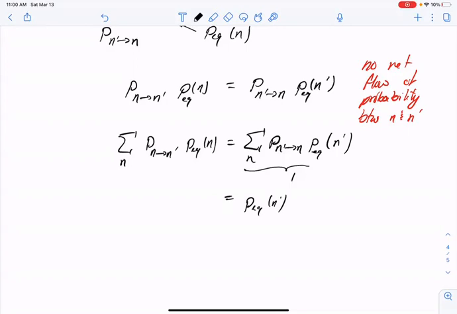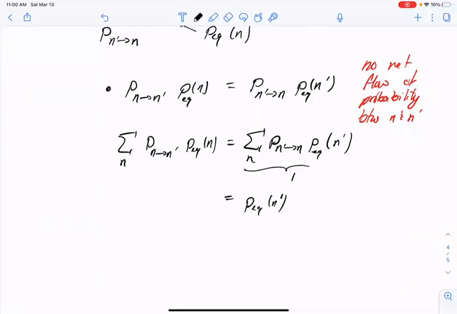And thus if I sum over all exits out of n prime to n, or all exits from n to an arbitrary n prime, I will evolve to an equilibrium distribution. So detailed balance is a stronger statement than this statement above of stationarity.